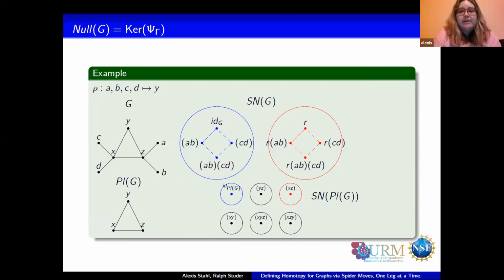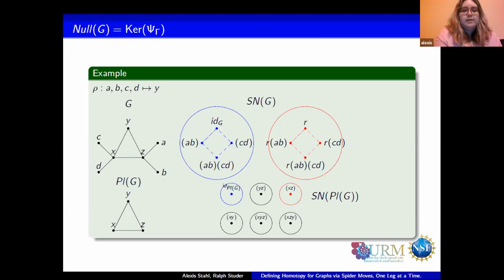So we have our graph that we've been using, and we have the spider nest of it, and then we have our pleat, and then the spider nest of the pleat. And we know that all of the automorphisms that are homotopic to identity are the null. And so then we can see the blue circle component would be all of our null of G, because they're all the automorphisms that are homotopic to the identity.